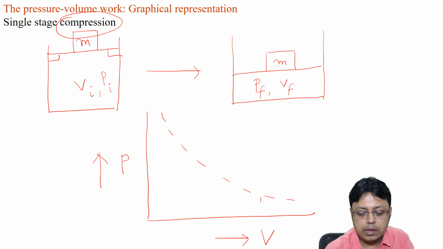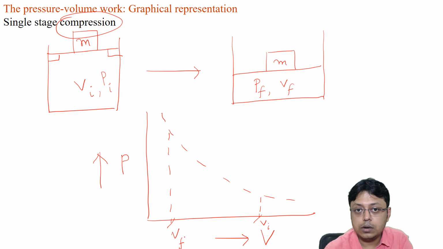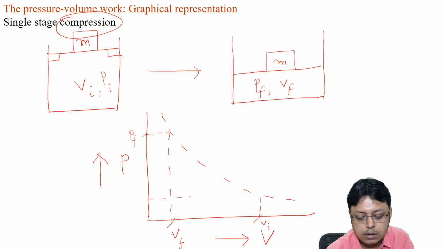So VI will be somewhere here. And what about VF? VF will be somewhere here, because the final volume is smaller than the initial volume. The corresponding pressures are PF, and here the initial pressure was PI.